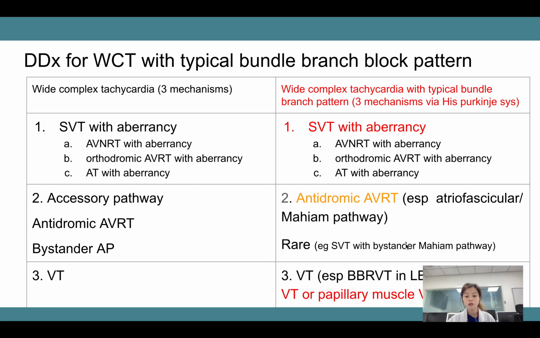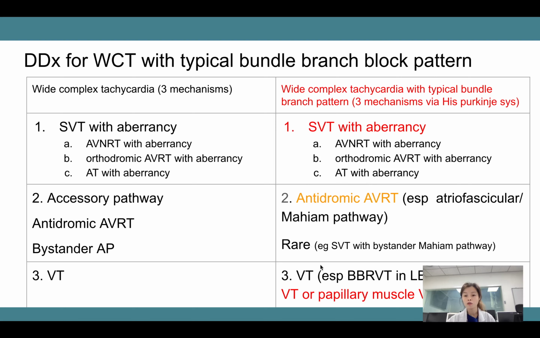For our patient, as discussed, because of the RBBB together with the left axis deviation, the top differential diagnosis would be a fascicular VT. A theoretical differential diagnosis would be SVT with aberrancy or rarely an antidromic AVRT with the accessory pathway directly inserting into the left posterior fascicle.